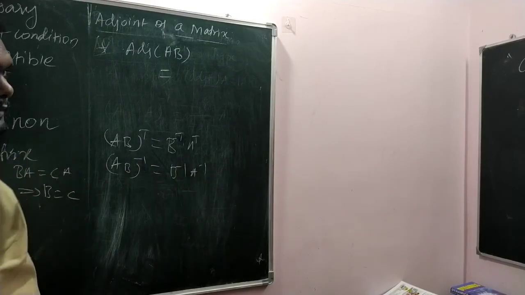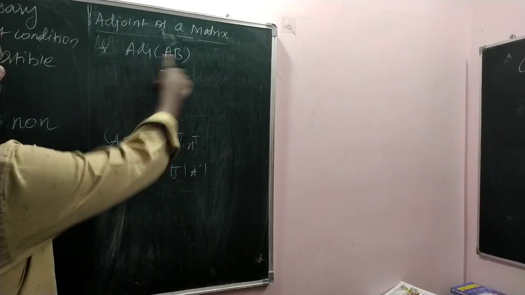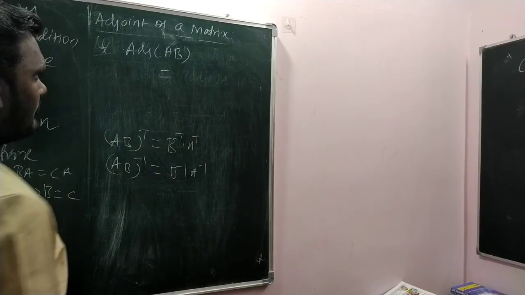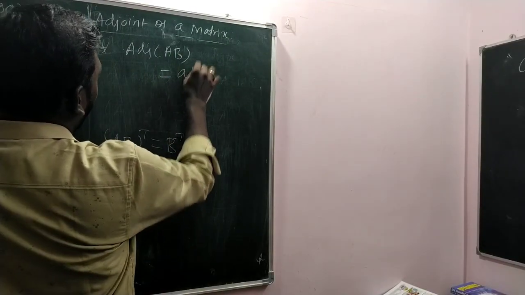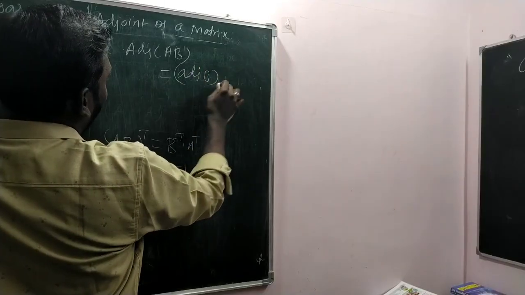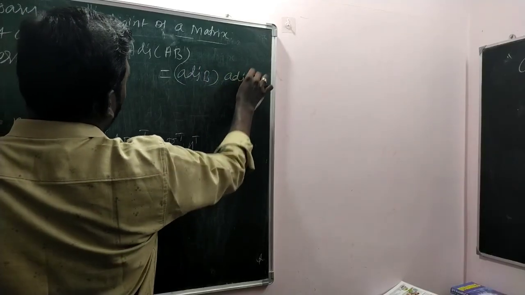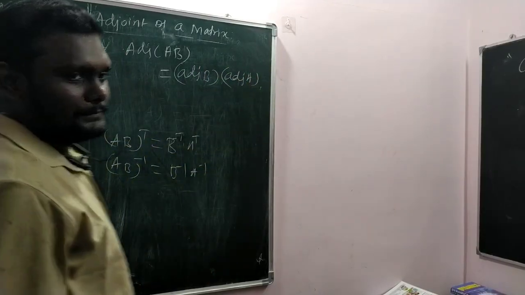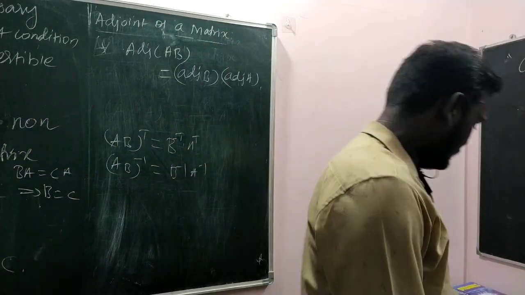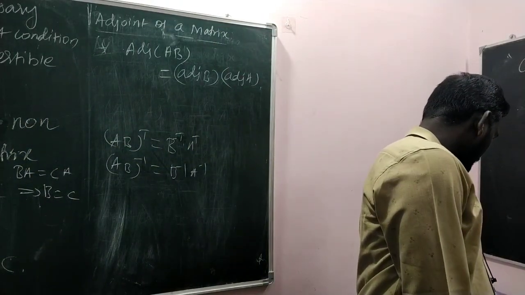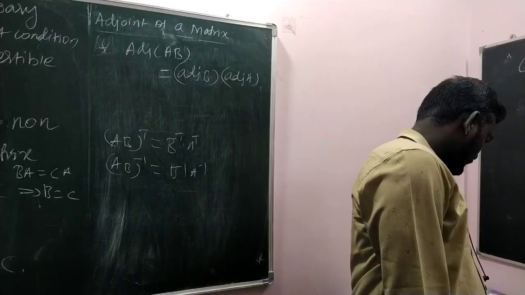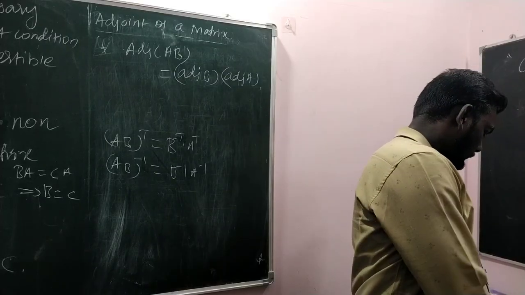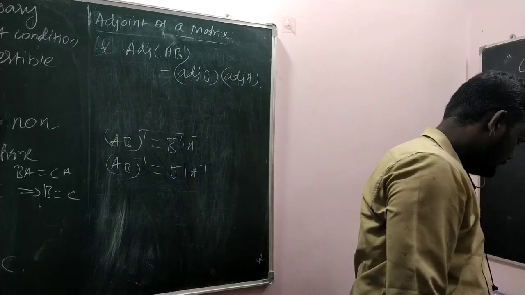B inverse, A inverse. And guess what? Adjoint of AB is adjoint of B into adjoint of A. That is it.